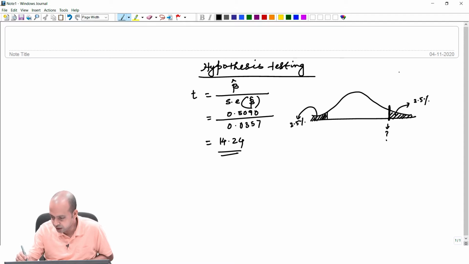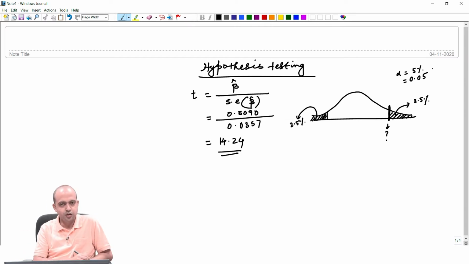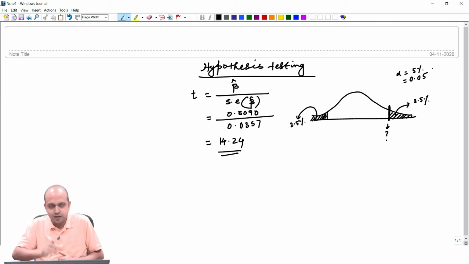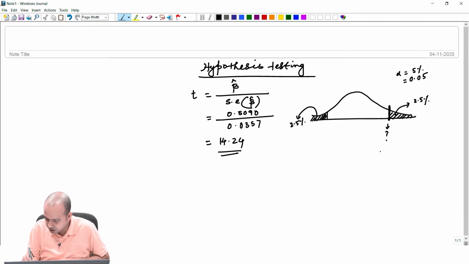That means, we said that alpha equals 5%, or 0.05, right. Let us specify the size of the critical region. Size of the critical region is 5%.